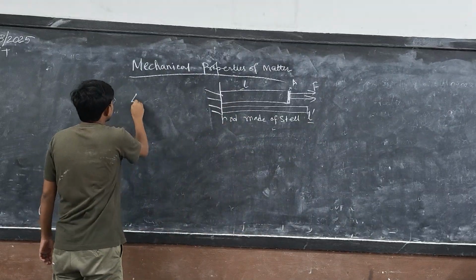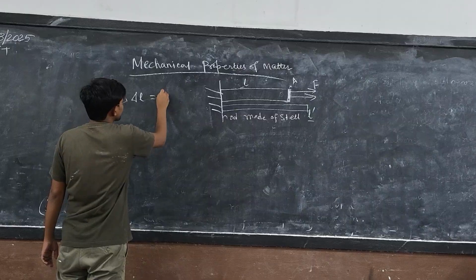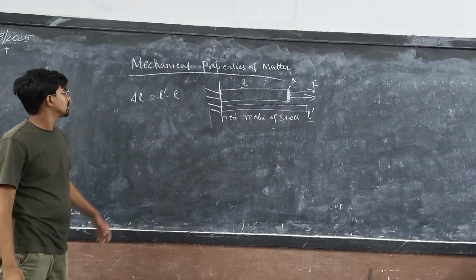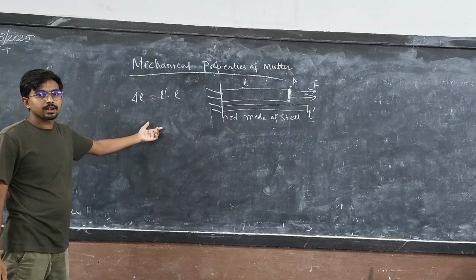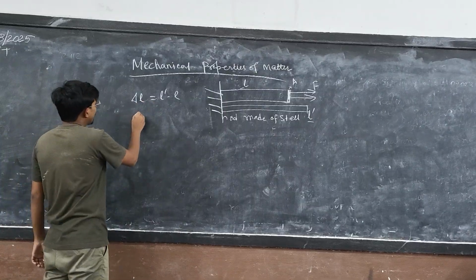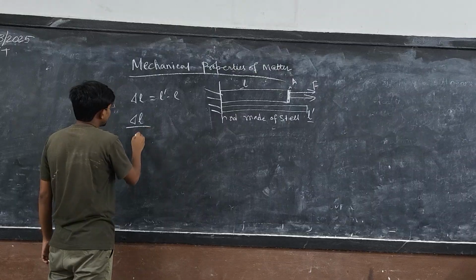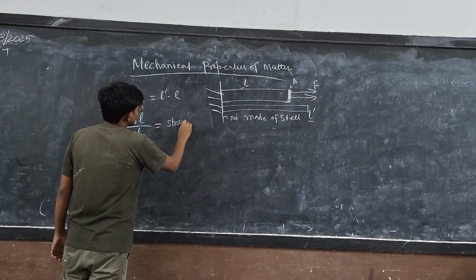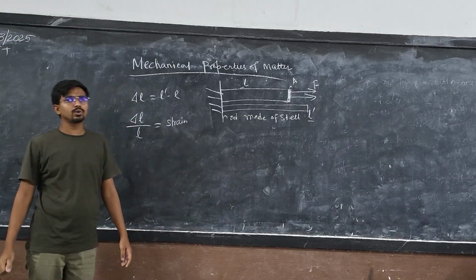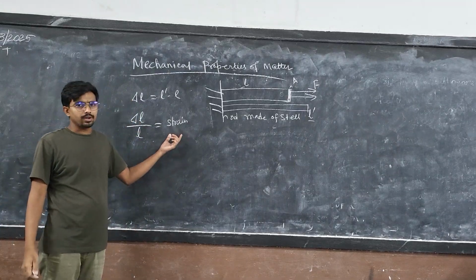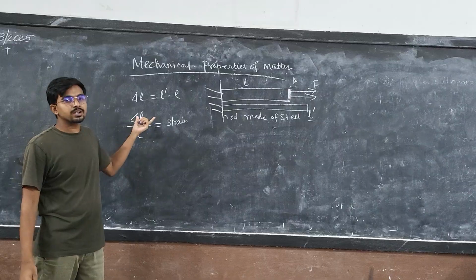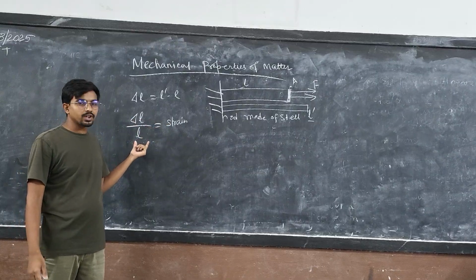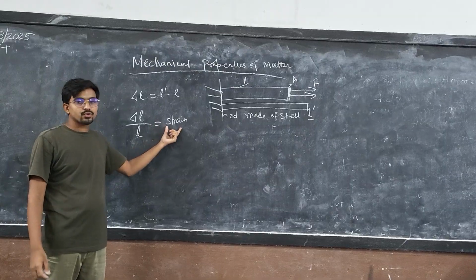So there is a change in length, that is L prime minus L. If we divide this change in length by the original length, that is called strain. Especially it is called longitudinal strain, but for now it is strain. So the change in configuration divided by the original configuration is called strain.